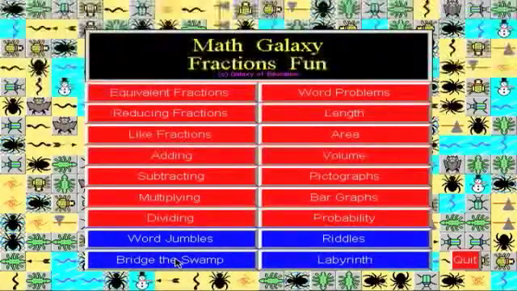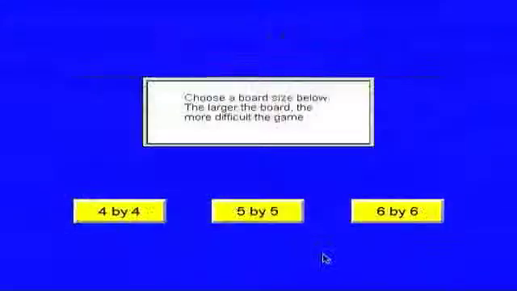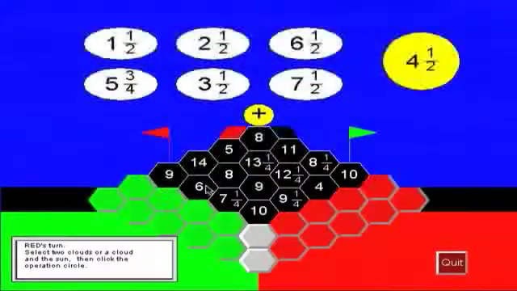And another game is called Bridge the Swamp, where one player, red, is trying to build a bridge in this direction, green is trying to build a bridge in this direction, and the first player to complete their bridge and block the other player wins. So here red goes first.